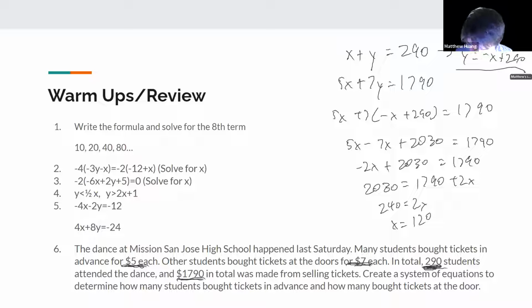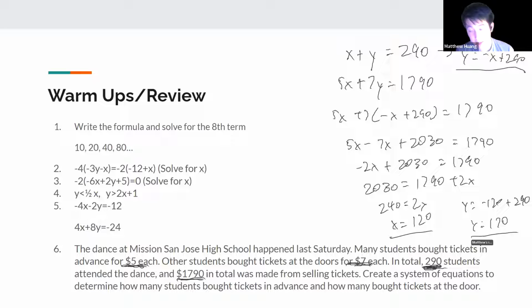Now we have the x value as well, so we just plug it into this equation. So y is equal to negative 120 plus 290, and y is equal to 170. When you have tests or anything, you will most likely have to write the units.